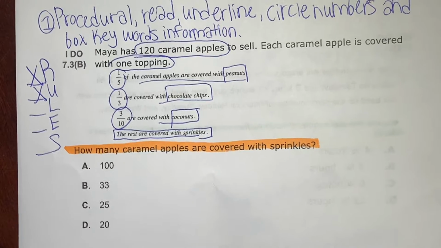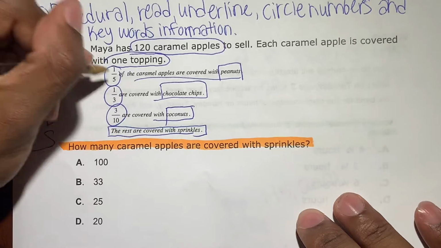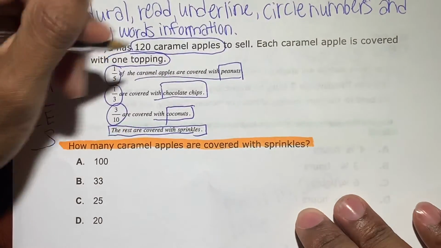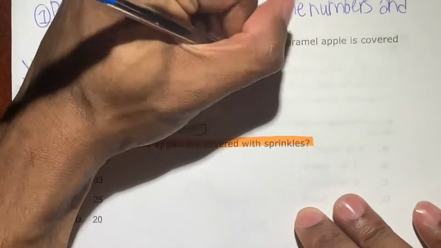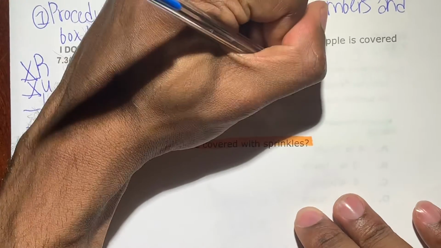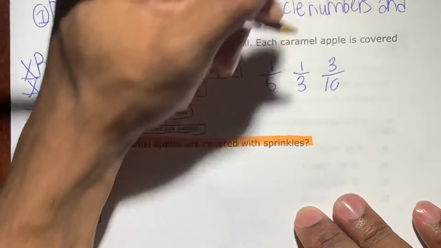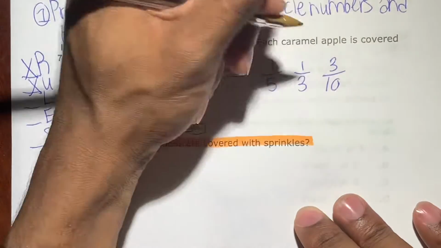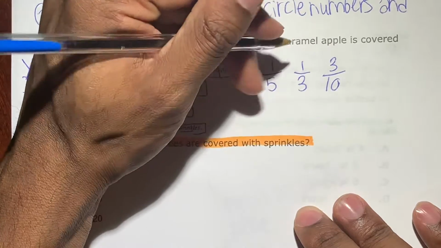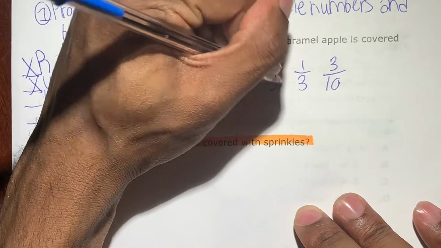All right. So I have 3 fractions. 1/5, 1/3, 3/10.